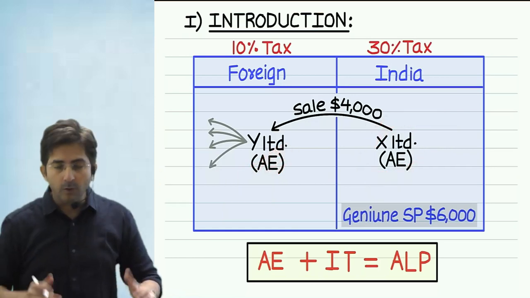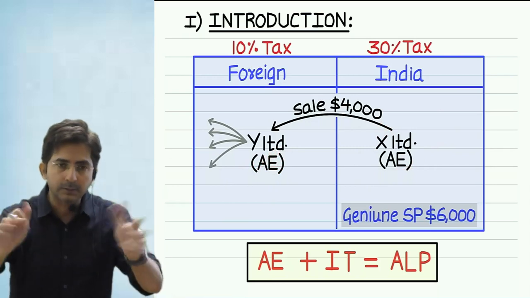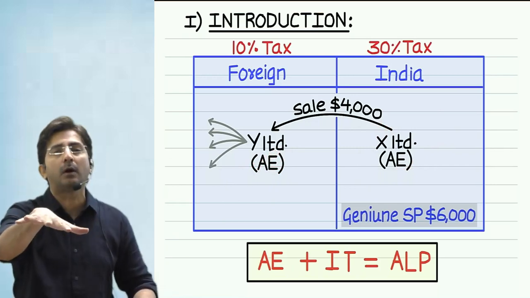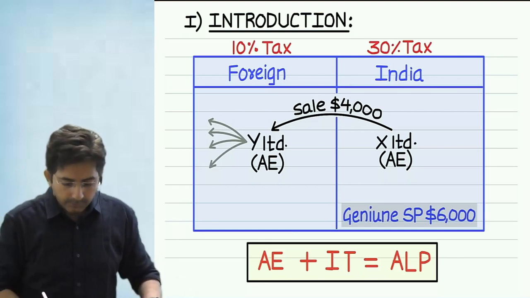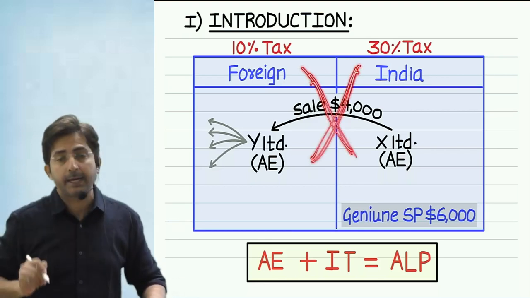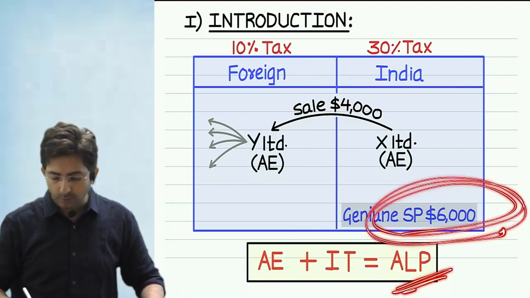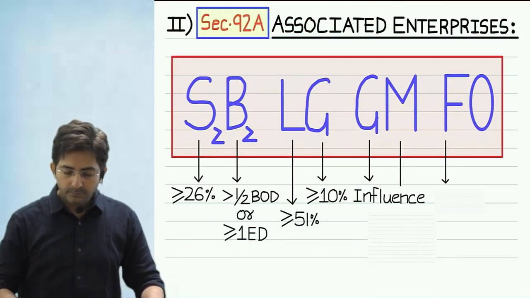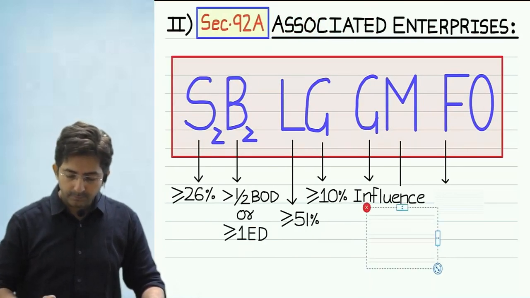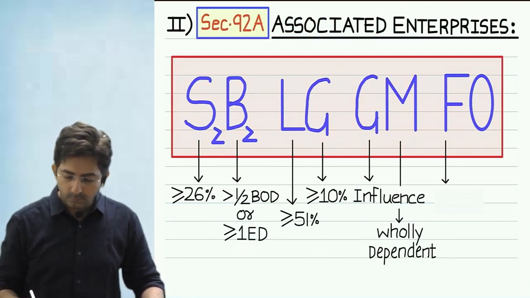So in short, under all the circumstances which I am discussing, one common thing is what? It is an association. And once there is an association, this price will not be trusted. And the law will rely on the genuine price, which is called the arm's length price. So look at this, M stands for manufacturing is wholly dependent.